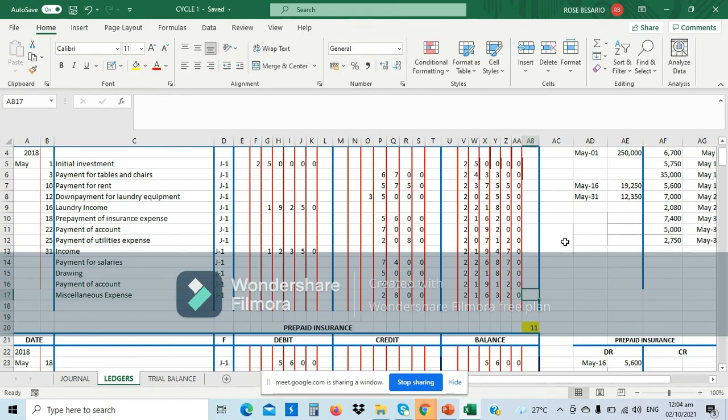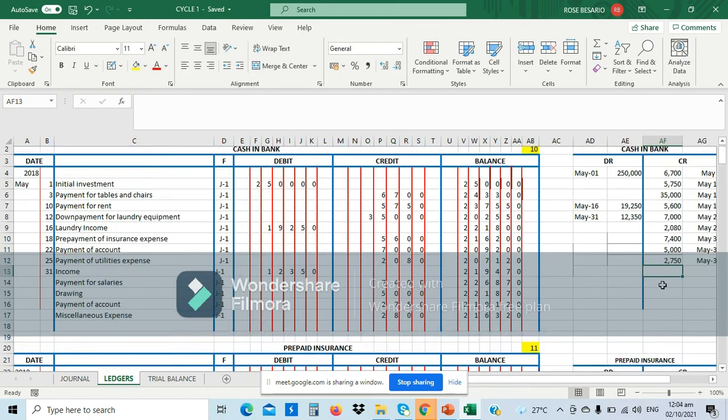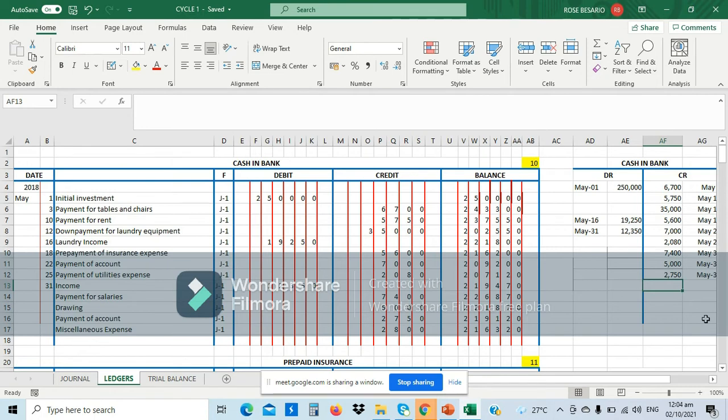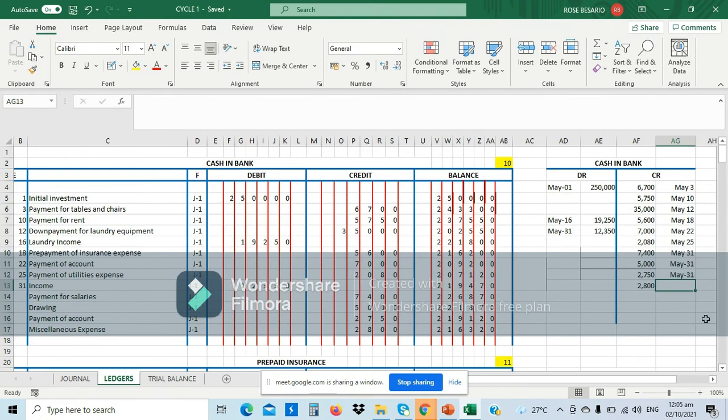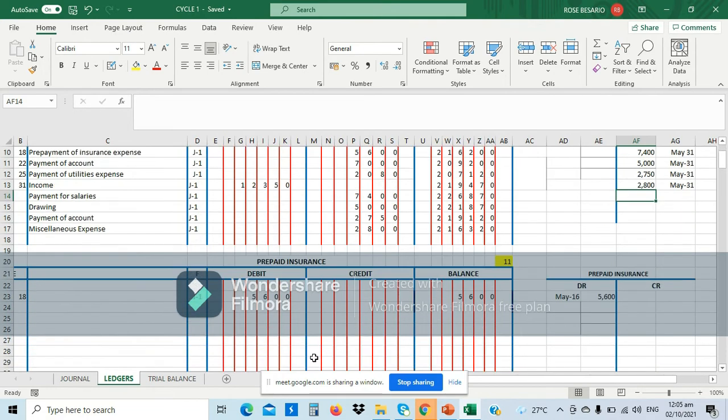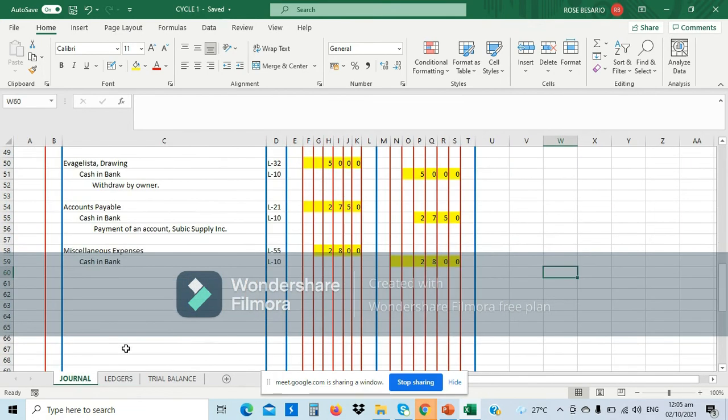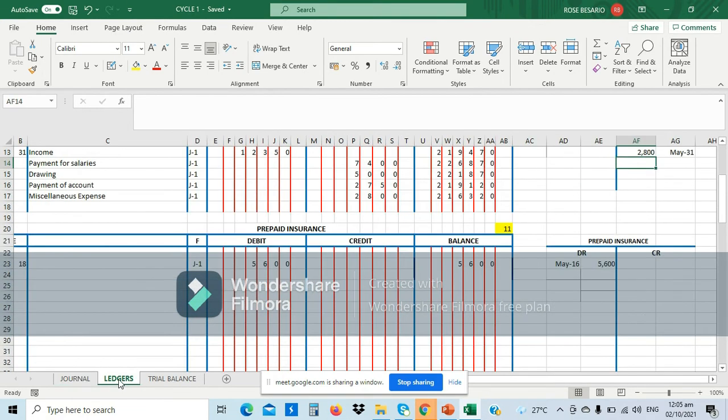Okay, and then on the account, you should post there on the credit side 2,800. The May 31 still. Okay, so we're done. We're done posting to the ledgers.